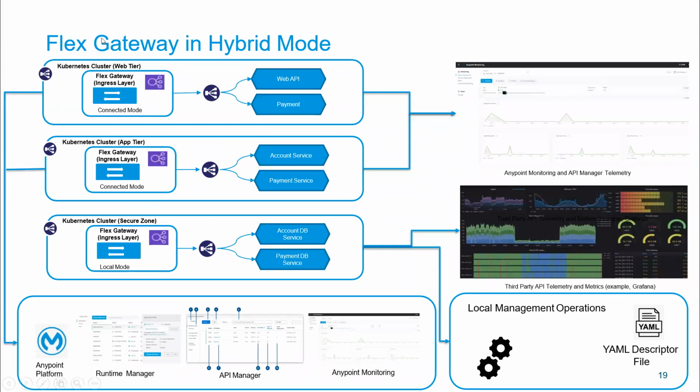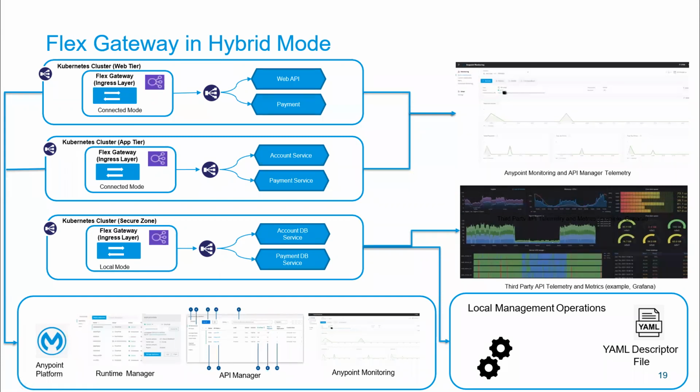Also, you can make use of the Flex Gateway in the hybrid mode. In case you are using a three-layer architecture, you may have a requirement where you just want to expose your Experience API to the cloud, and the rest of the APIs must be on premises. In such cases, you can use the Flex Gateway in local mode for the APIs running on premises, and the Flex Gateway in connected mode for the API running in the cloud.